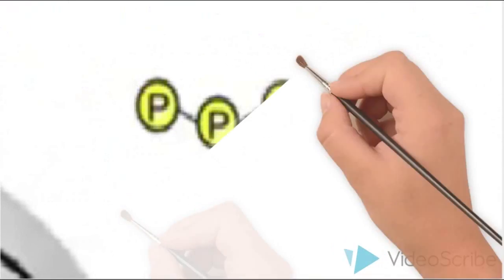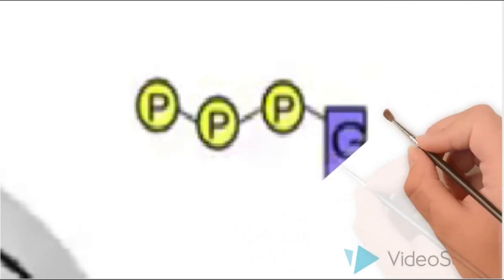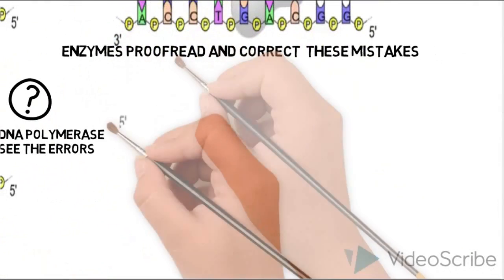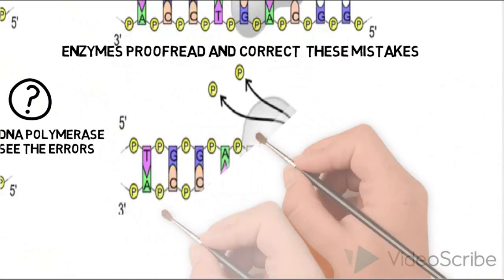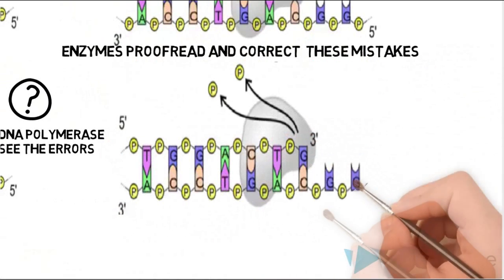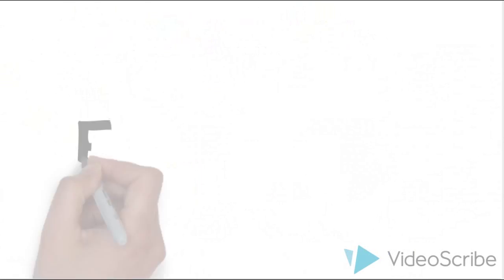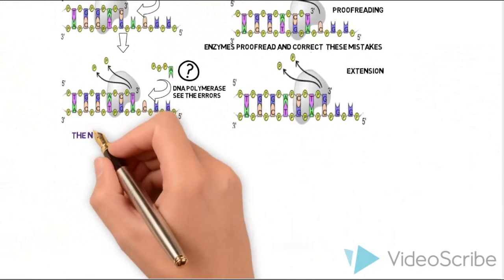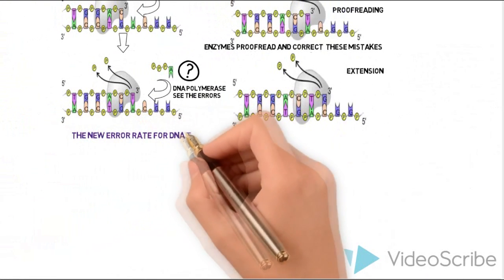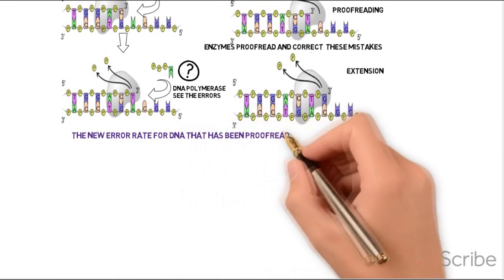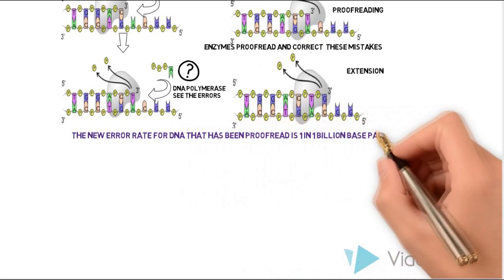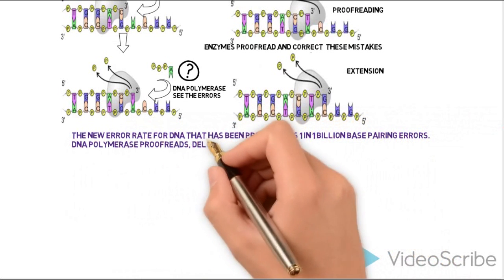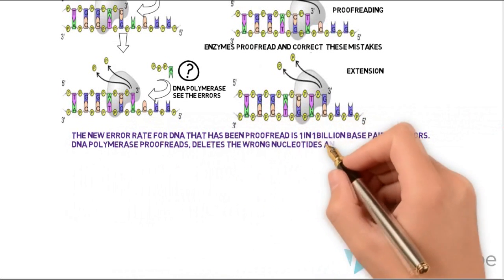It will be guanine, because guanine binds complementarily with cytosine. Here you see how cytosine binds with guanine. It means extension. The new error rate for DNA that has been proofread is 1 in 1 billion base pairing errors. DNA polymerase proofreads, deletes the wrong nucleotides and resumes synthesis.